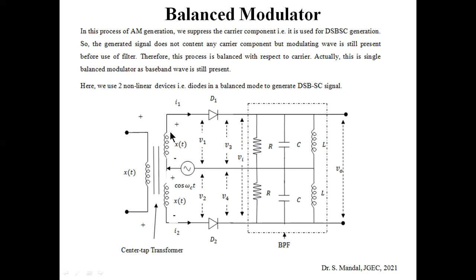The corresponding circuit for the balanced modulator looks like this. Why like this?